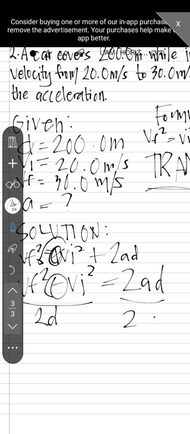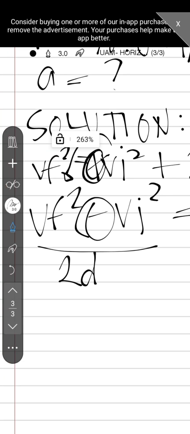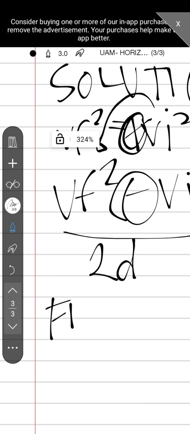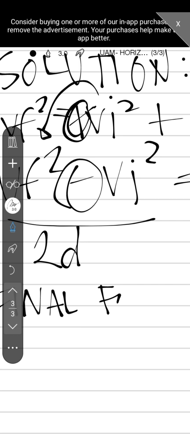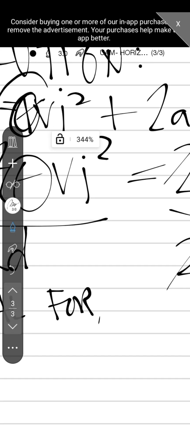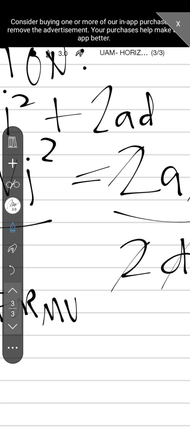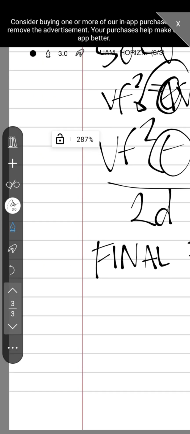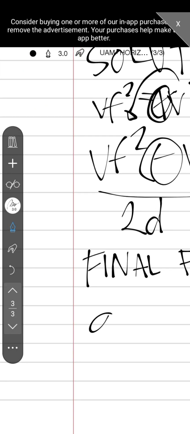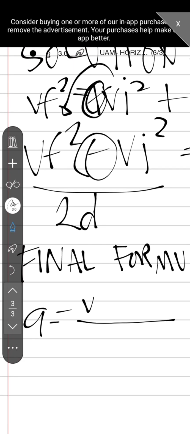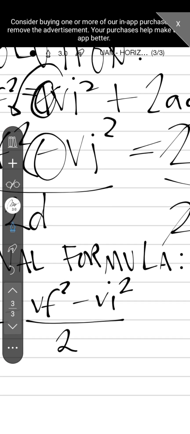Since we need acceleration, we're gonna divide both sides by 2d, which will leave acceleration. So now we have our final formula, which is a, or acceleration, is equal to final velocity squared minus initial velocity squared over 2d.